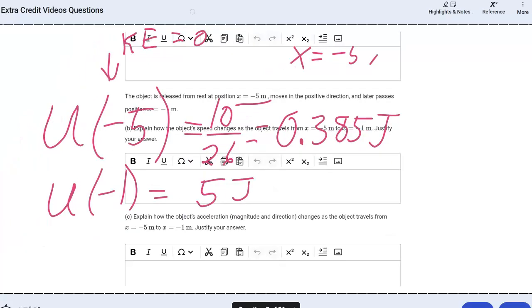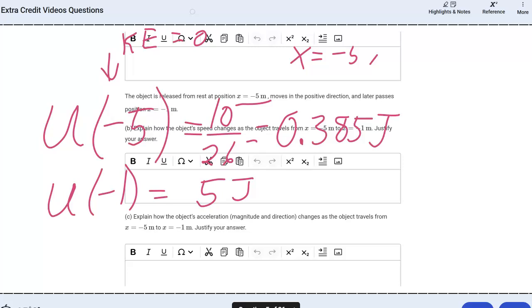M can't be 0, so v would have to be 0. So as the object moves from -5 to -1, the potential energy is increasing. And since total mechanical energy is conserved, an increase in potential energy would mean a decrease in kinetic energy. So the object's speed would decrease as it approaches x equals -1.